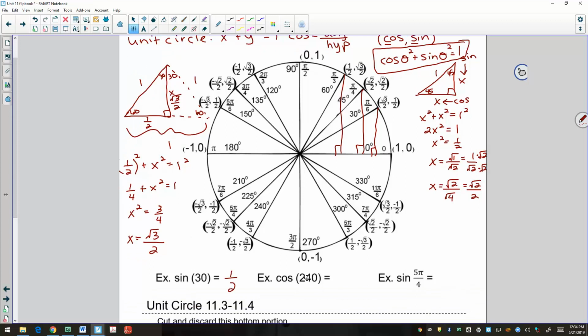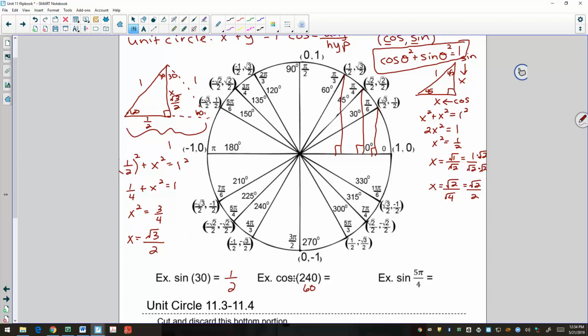Now 240, you're going to find 240's reference angle. 240 is right here in the third quadrant. To do a reference angle, remember you measure back to the x-axis or the cosine axis. So 240 is 60 away, so this is the same as the cosine of 60, but you just got to be careful because you are in the third quadrant, so you need to check if it's going to be positive or negative.